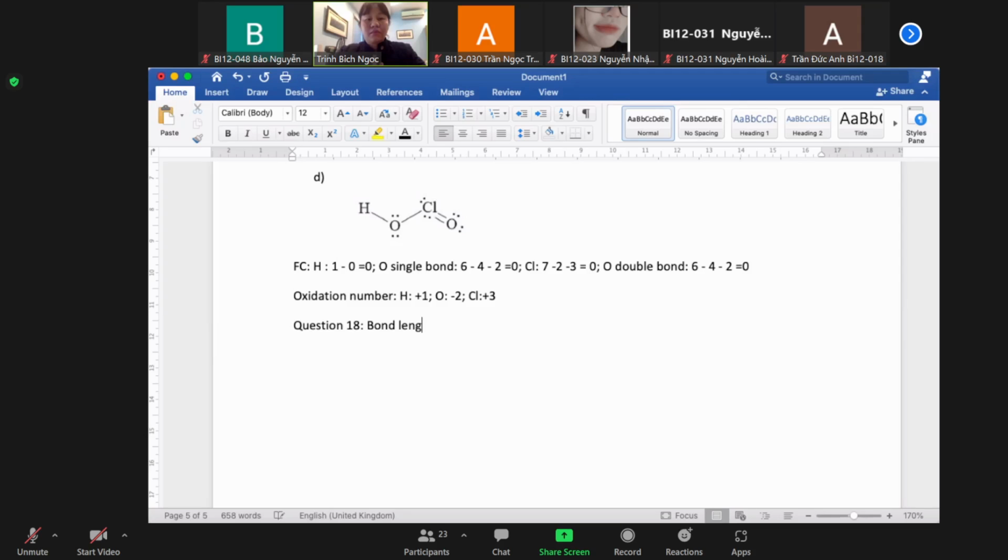Okay, so for CO2, tell me. CO2 Lewis structure của nó là gì ạ? O liên kết đôi, C liên kết đôi O. Đúng rồi. Like this. Okay. So, does it have the resonance?